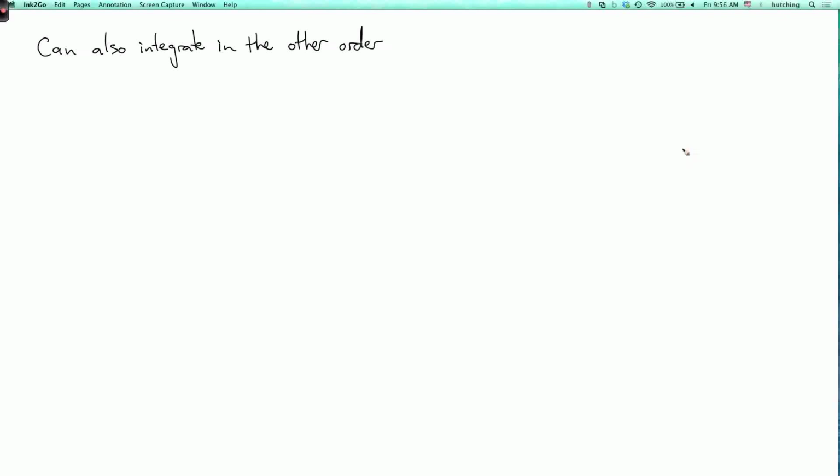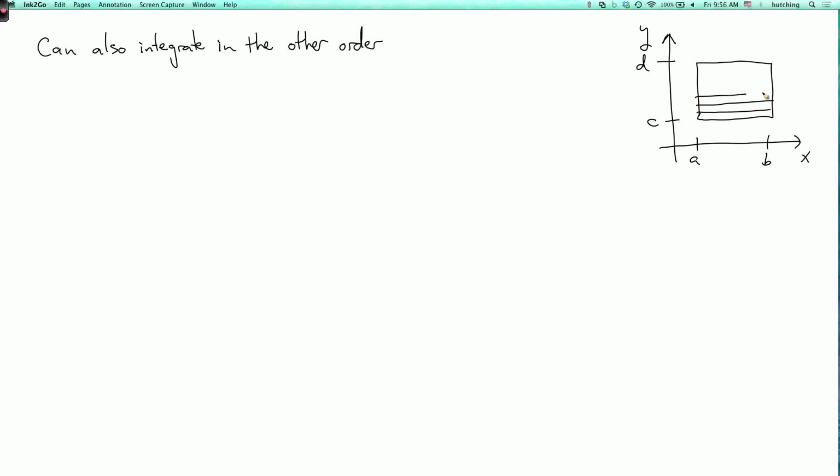All right, so let's draw our rectangle again. Instead of taking vertical slices of the rectangle, we can take horizontal slices.